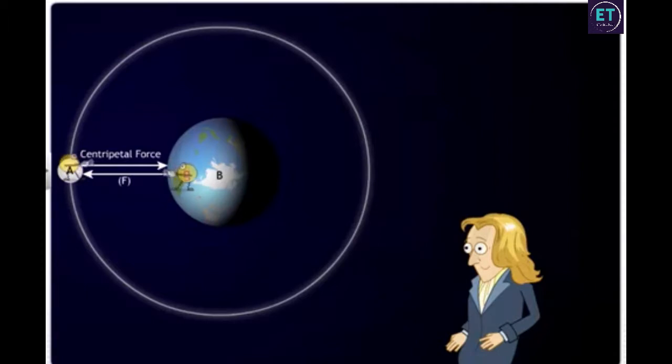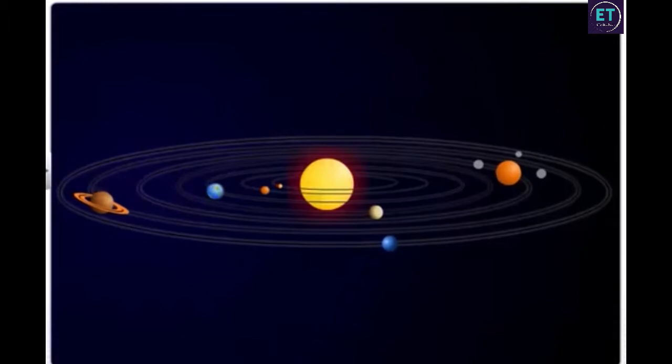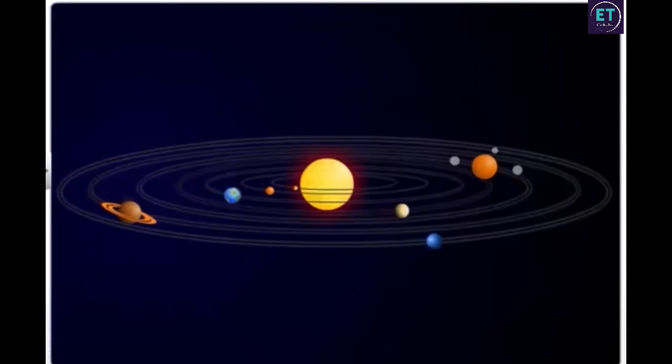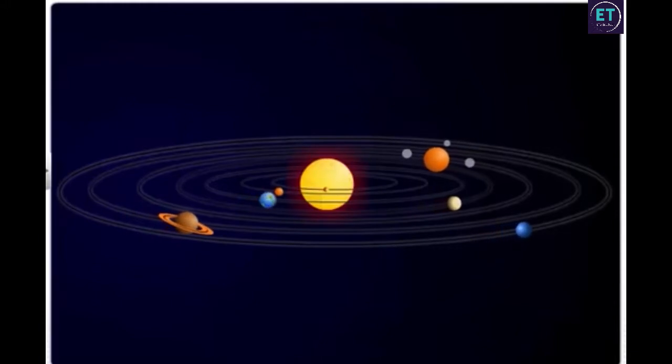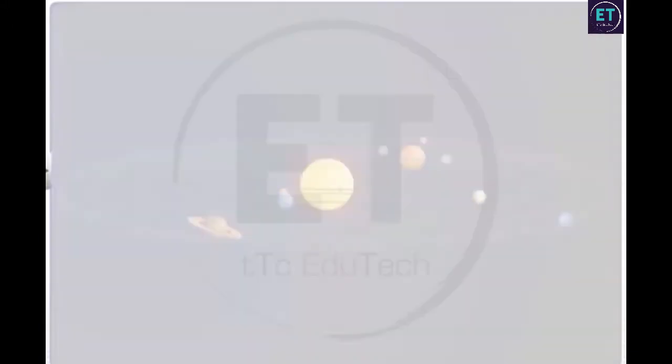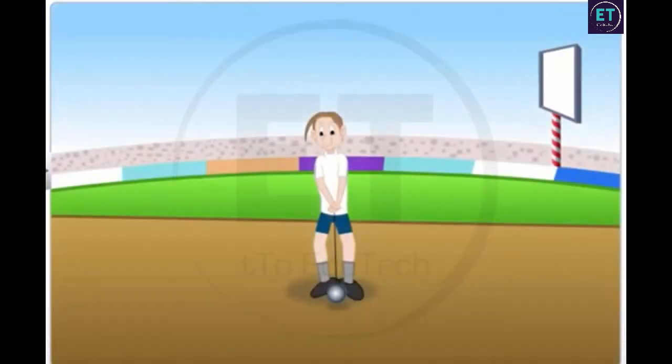This prevents the two bodies from moving towards each other due to gravitational force of attraction between them. This is the reason that the Moon and the planets revolve in their respective orbits instead of falling on each other.